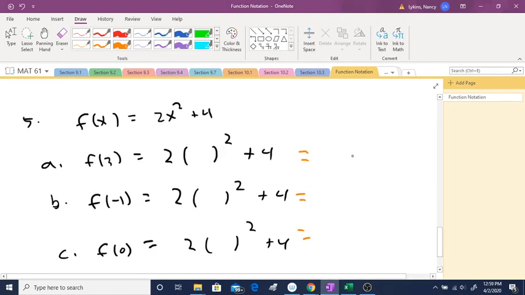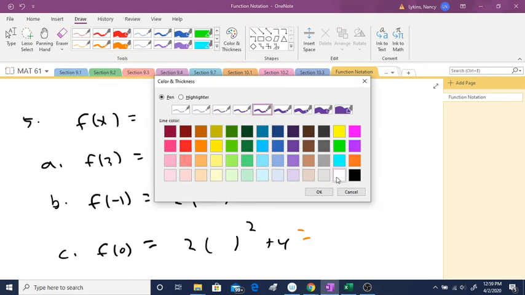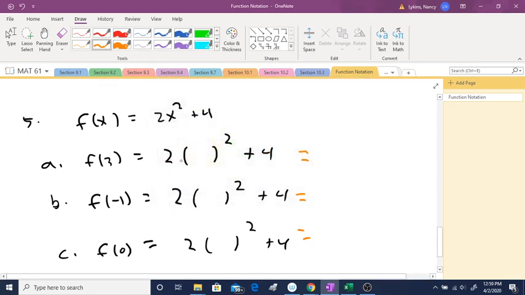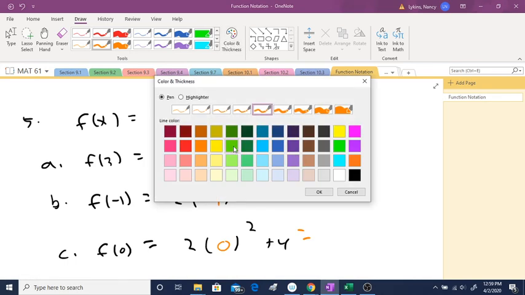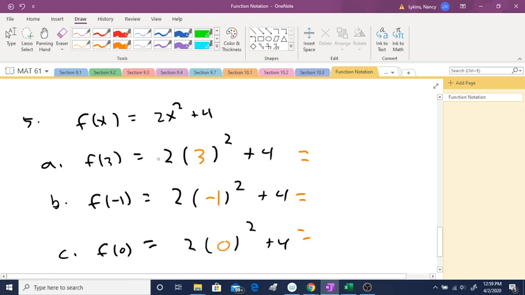And finally, my last example of this function notation. Two, and then I'm going to put 3, -1, and 0 in. So a common mistake that I do see is we try to multiply these, 2 times 3 to give me 6 and then square that.